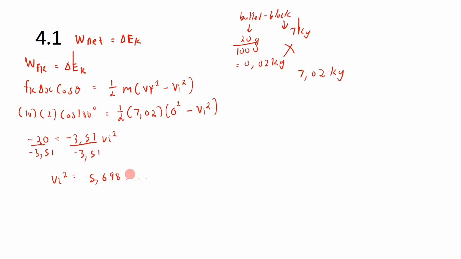So you don't want to round it off, you want to keep it in your calculator and then square root. So you'll just press your square root and press answer, then it will give you that value without having to round off. Remember, you can only round off in the final answer. So when you round off, you have 2.39 meters per second, and that's the magnitude of the velocity.